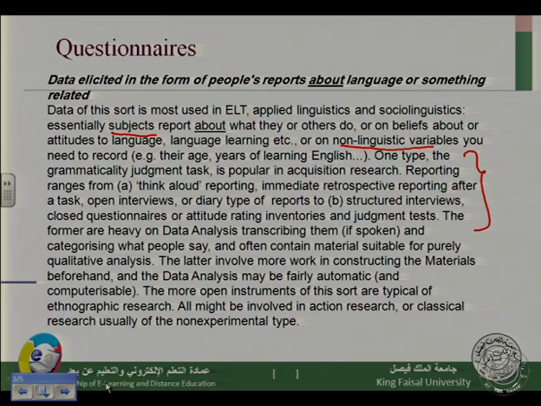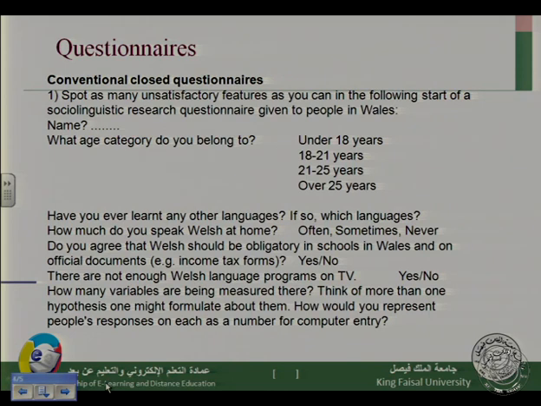All might be involved in action research or classical research, usually of the non-experimental type. A lot of terminology here, don't bother about it, but what is important for me is that you know these different tools, and today we are going to deeply talk about questionnaires.